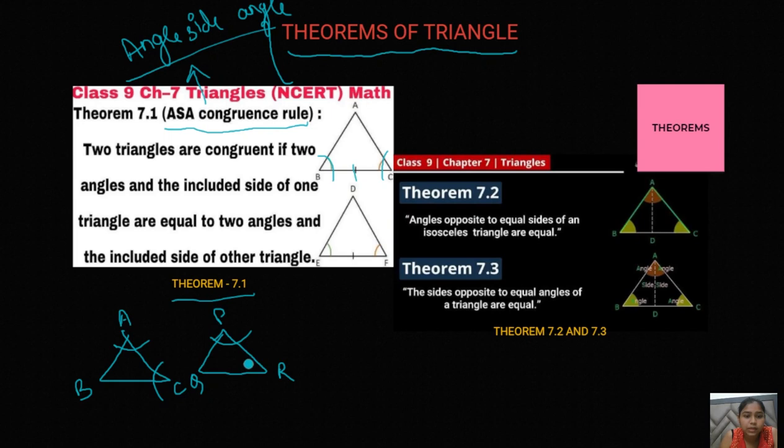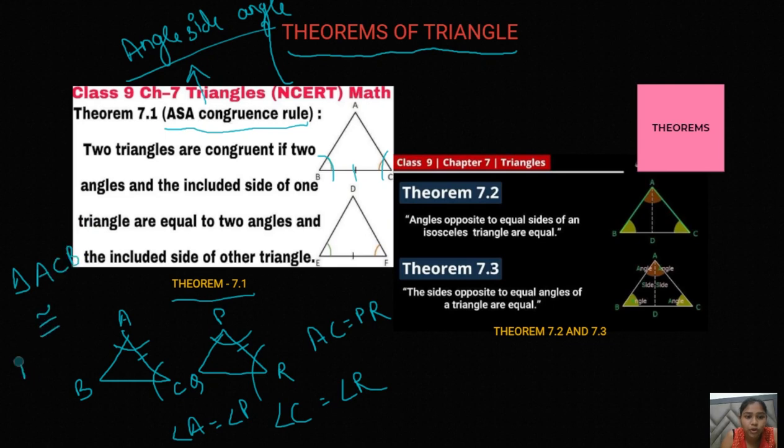Let's suppose C is the angle and R is the other angle. So if angle A equals angle P, and angle C equals angle R, then we have to take this side equal to this side. Then only both triangles will be considered congruent. And how we write this is, triangle ACB is congruent to triangle PRQ.